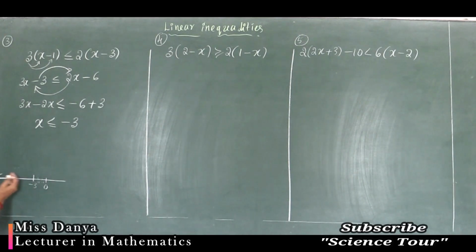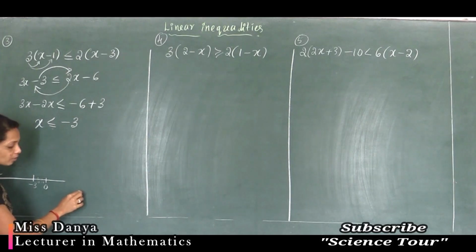But we can't list those real numbers which are less than minus 3 in set form. So we write that in interval form. So how to write x less than or equal to minus 3? For the less than or equal to symbol, you have to use a closed bracket.